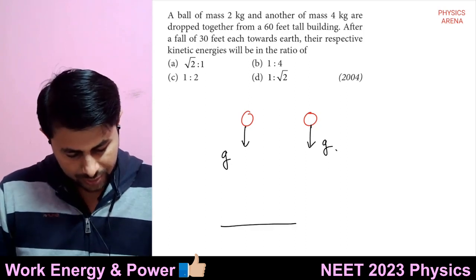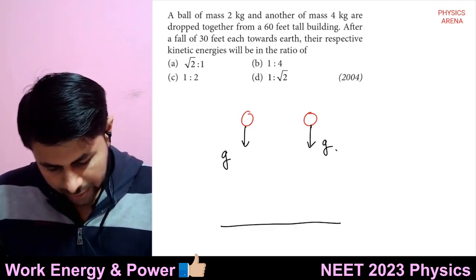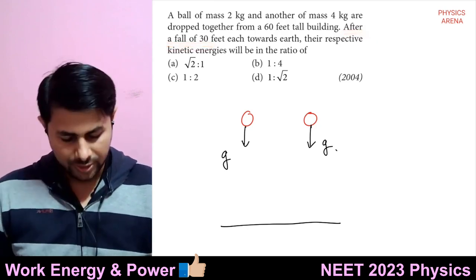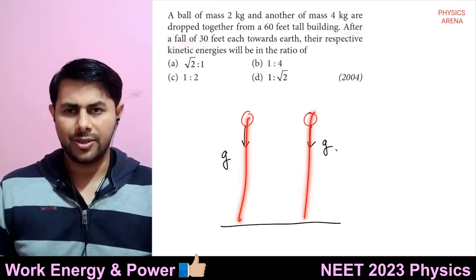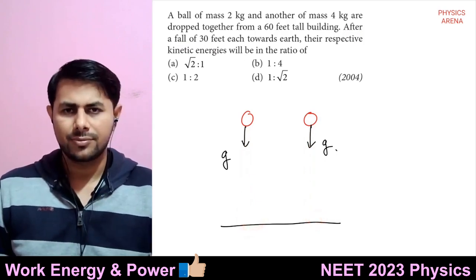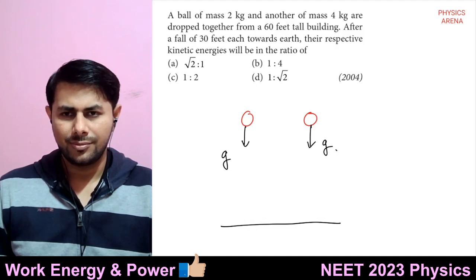So after a fall of 30 feet each towards earth, their velocities will be equal. Yes, no?